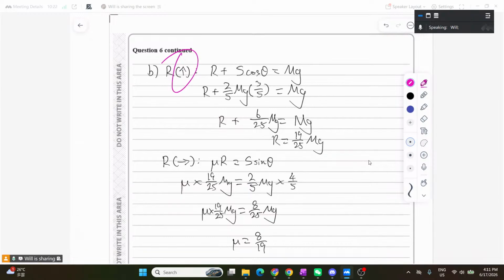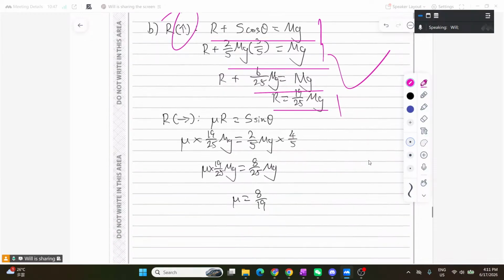And part B is to find the limiting friction. First, you list the equation: R plus 2/5 mg equals mg. Then simplify and get the answer, 19 over 12.